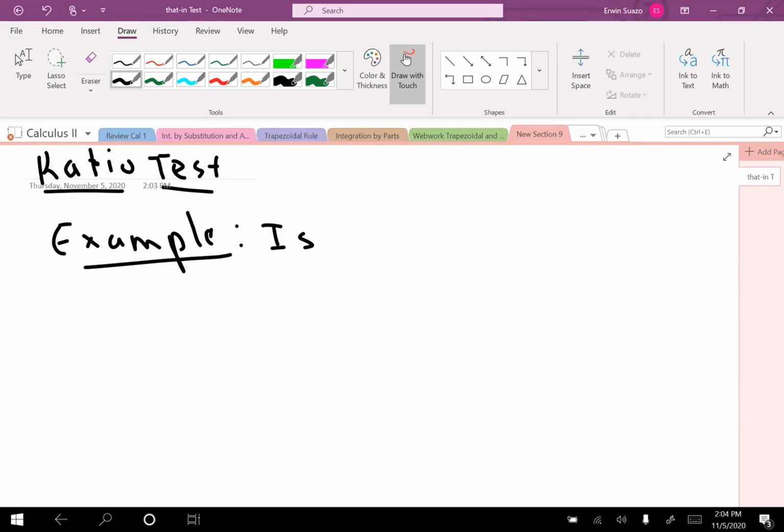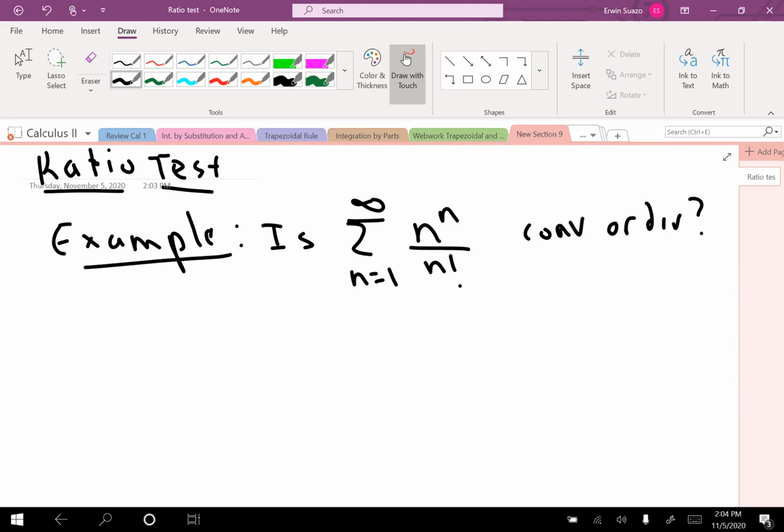Is the sum of n to the n over n factorial, n equals 1 to infinity, convergent or divergent? As I said before, when you see this kind of weird stuff, it looks difficult to use any other test. You just can't tell that it has to be the ratio test, or the other one we're gonna do, the root test.